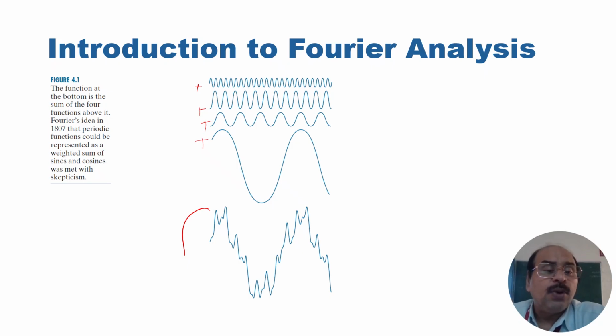Okay. So we'll be understanding Fourier's idea from 1807. The periodic functions are represented as the weighted sum of sines and cosines. Initially, like for all great scientists, when Fourier proposed this, people did not take it very seriously.